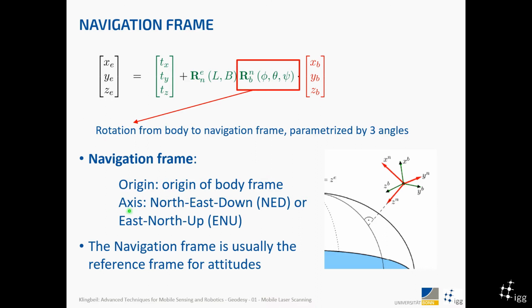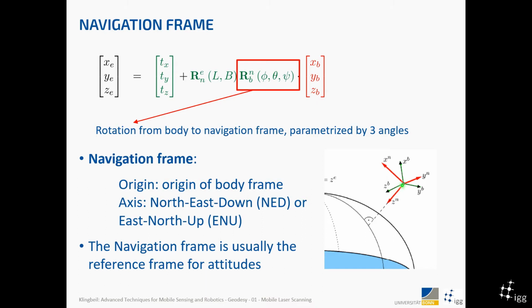The axes are pointing north, east, down. So x is pointing north, y is pointing east, and z is pointing down. This is what we call NED, right? Or the alternative definition is east, north, up, where the x-axis is pointing east, y-axis is pointing north, and z-axis is pointing up. We will see later what that means with some examples.